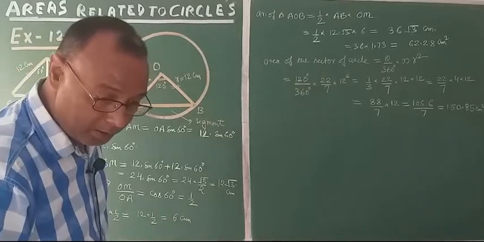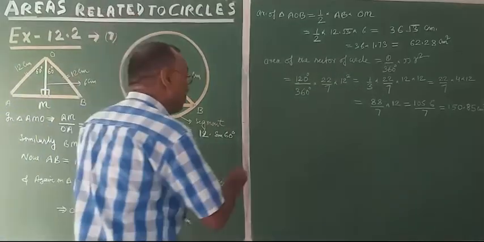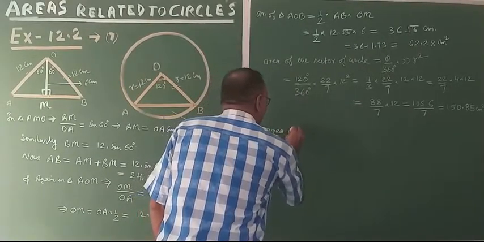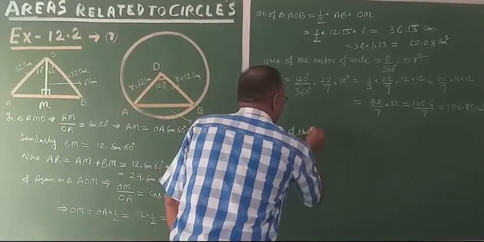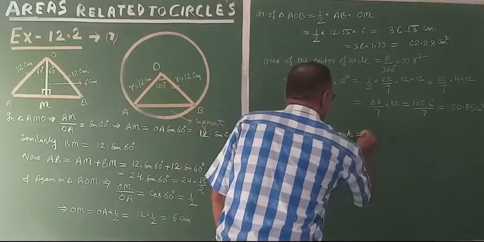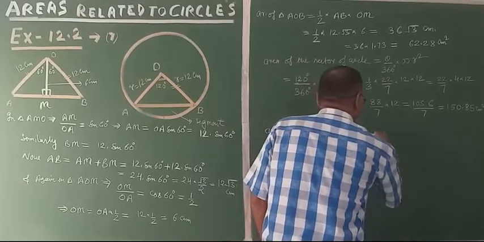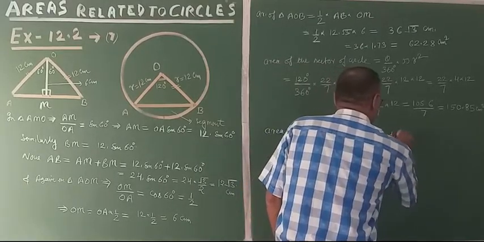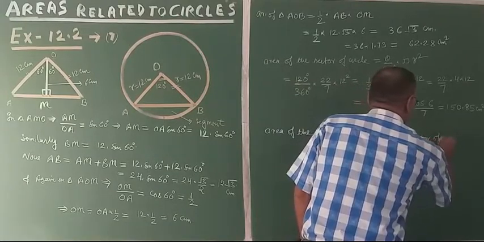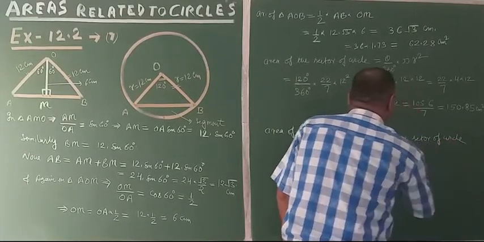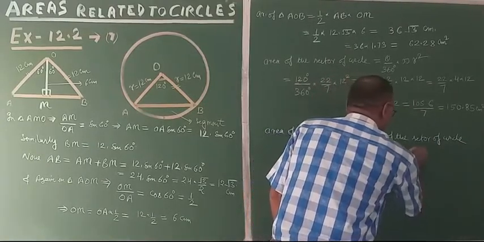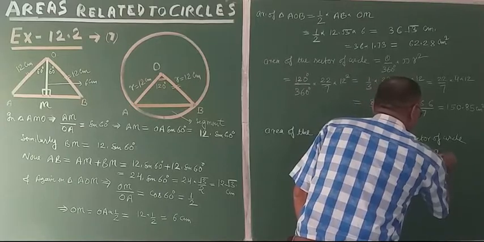Now the area of the corresponding segment. Area of the segment, that will be area of the sector of circle minus area of triangle AOB.